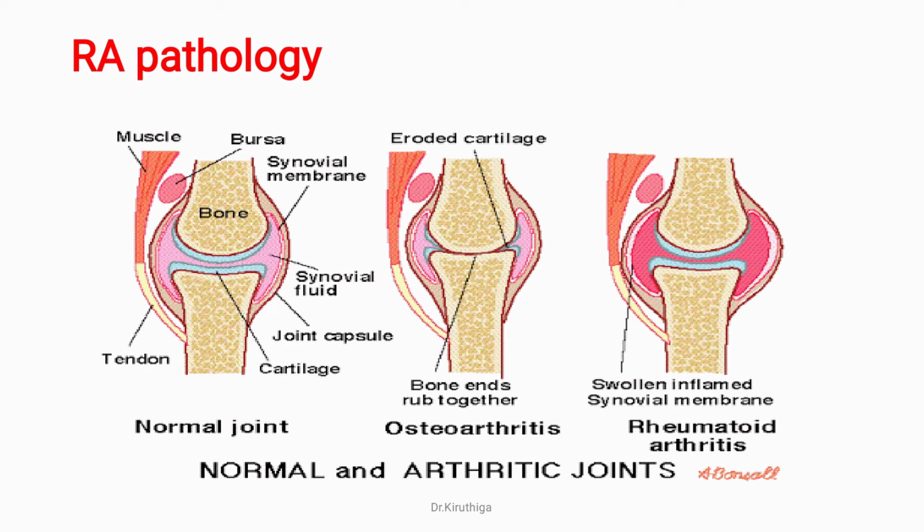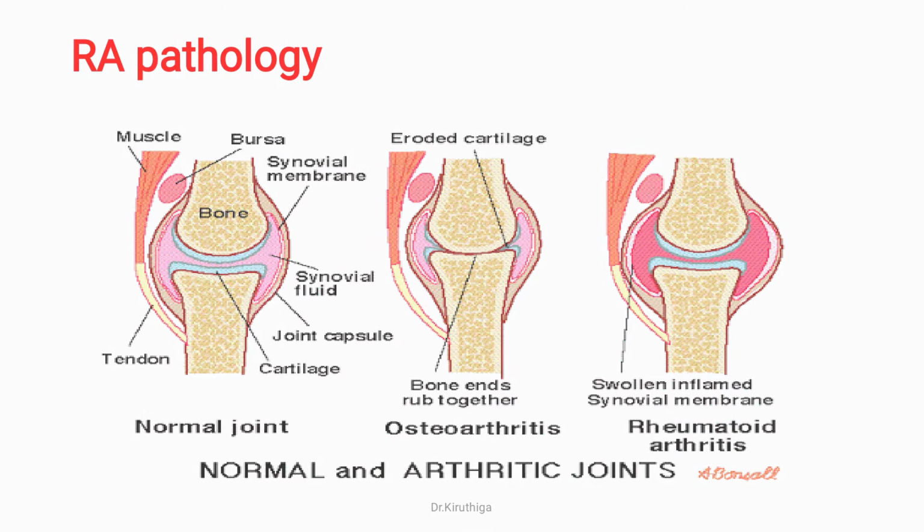The synovium covers the lower end of the femur and upper end of the tibia. The synovium doesn't cover the cartilages. Apart from cartilages, around the joint, we have a soft tissue which is called synovium.